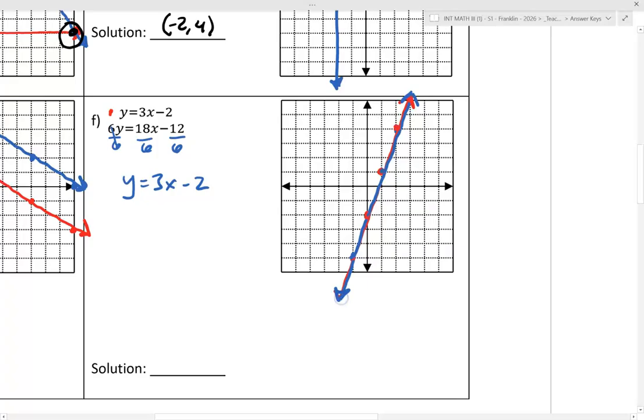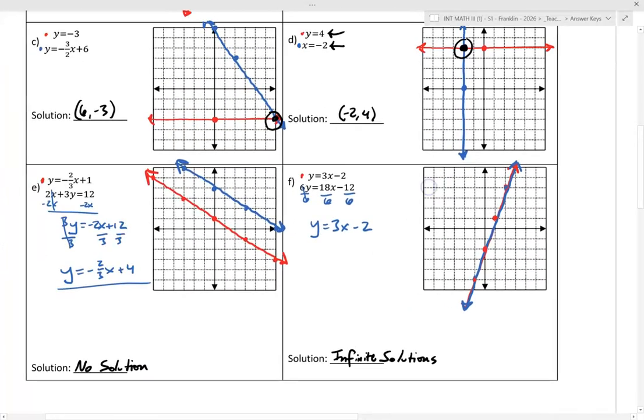These are the same line. And so these, although they're technically the same line, they are two separate equations in our system. And so this system has infinite solutions because these two lines intersect infinitely. They are the same path. And so any point that works for one will work for the other. And so there are infinite solutions to that system.